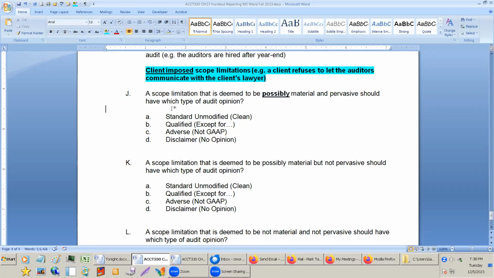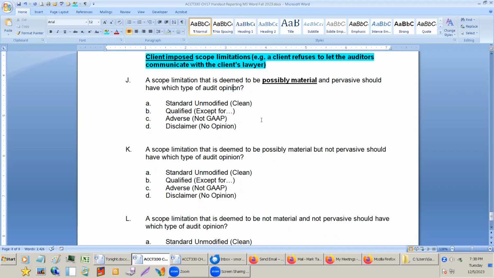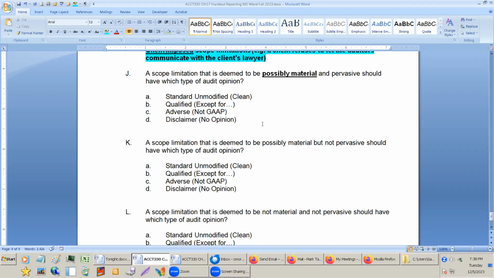We can't determine whether it's material, but it's possibly material and pervasive. What type of opinion? I'll help you out. I'll tell you when it's not. It's not the adverse opinion.